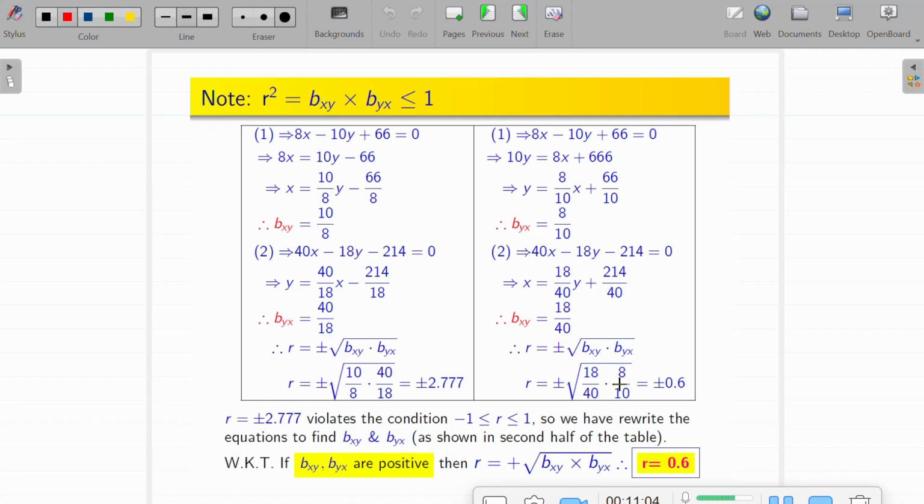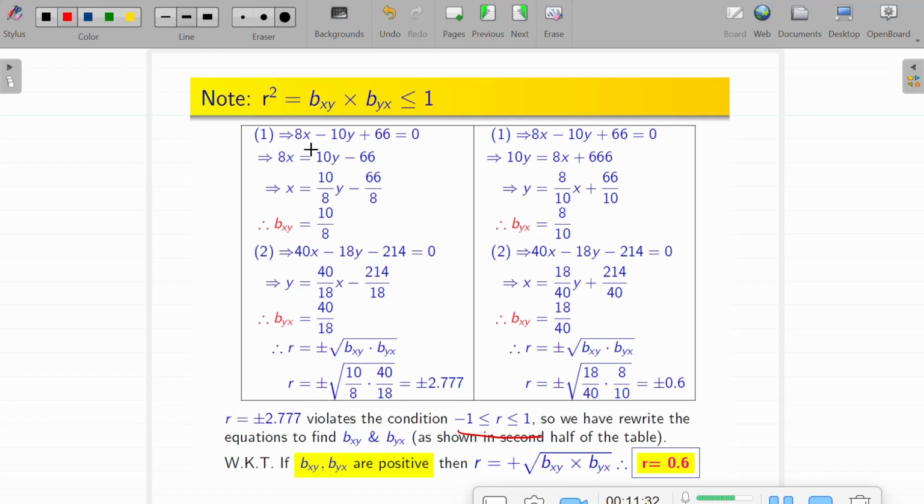Before moving into that, let me explain why I chose the equation 8x minus 10y as the equation of y on x, and the other one as x on y. Because if I choose 8x minus 10y plus 66 as x on y, I'll get a correlation greater than 1, because the correlation value lies between minus 1 and 1. It cannot be greater than 1.